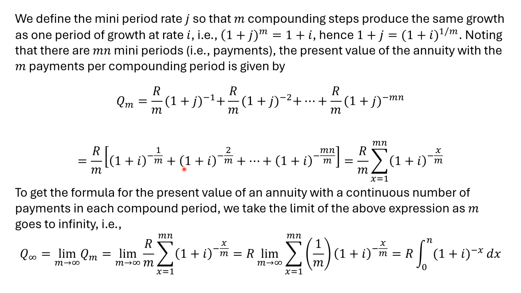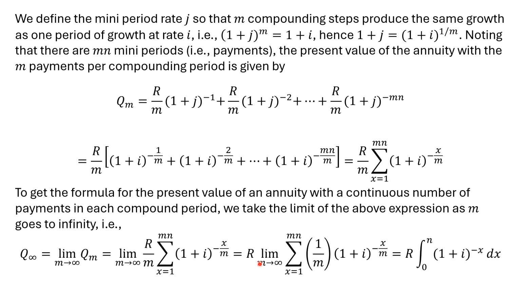So we're basically taking these mini periods and making them be an infinite number. And it does converge. We don't get an infinite value here. So instead of q sub m, we're going to call it q sub infinity. That's basically q sub m, where m goes to infinity. I'm just plugging this into here.